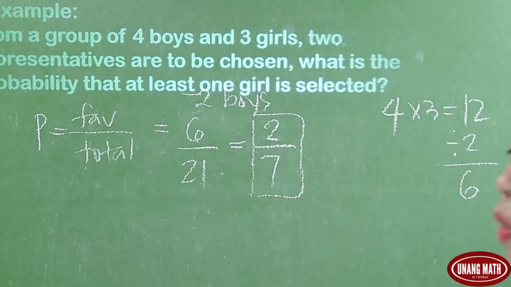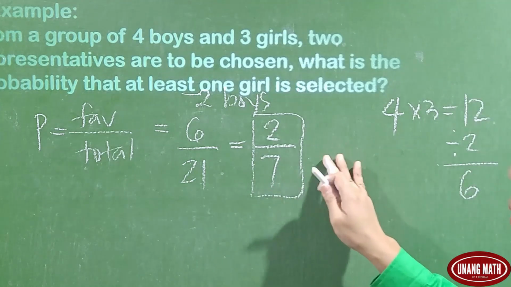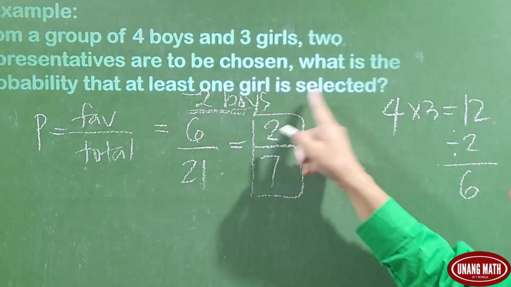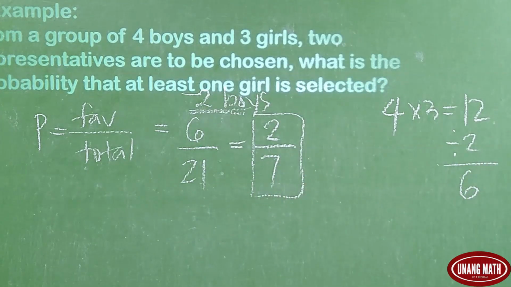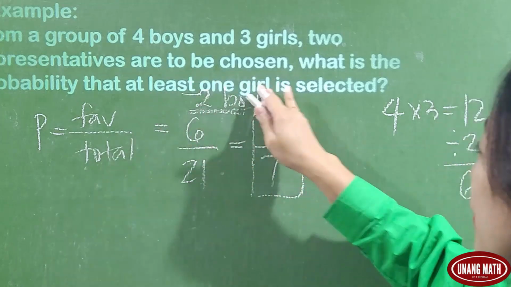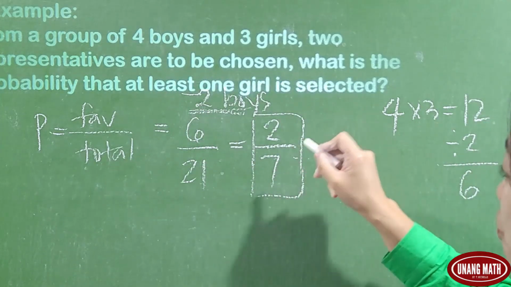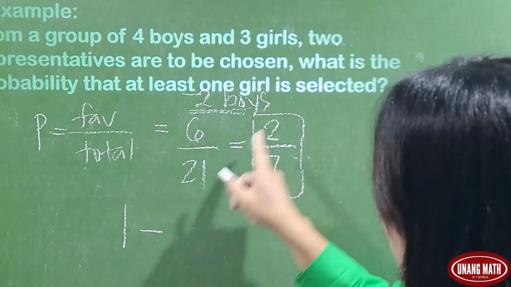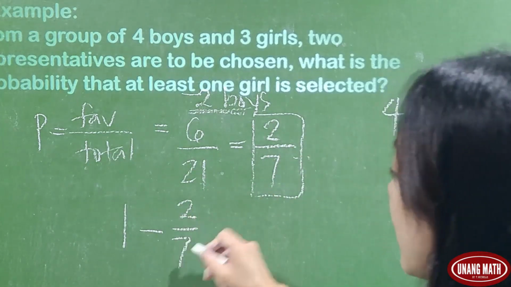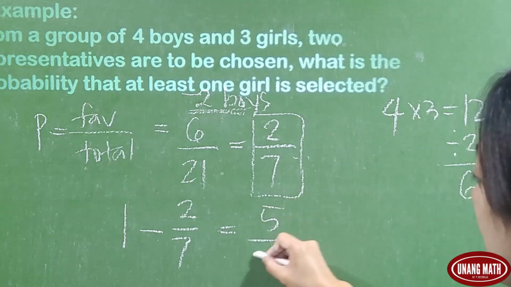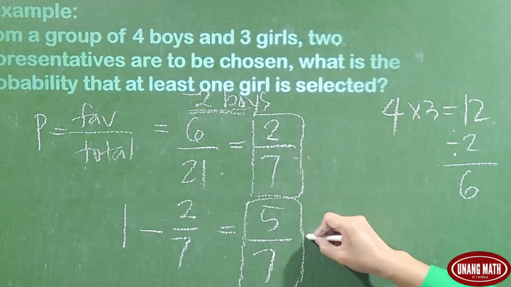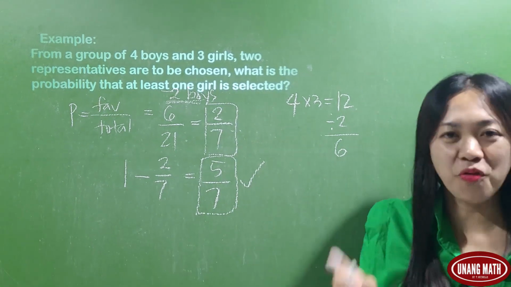This 2 over 7 is our probability that 2 boys are selected. To find that at least one girl is selected, we subtract this probability from 1. So 1 minus P, or 1 minus 2 over 7. Then the probability that at least one girl is selected is 5 over 7.